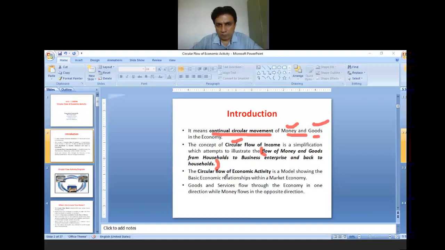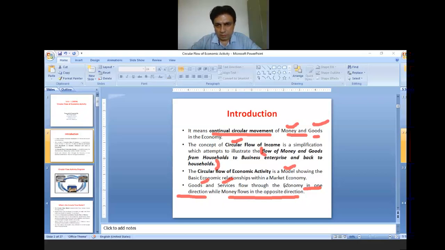So the circular flow of economic activity is a model showing the basic economic relationship within a market economy. So goods and services flow through the economy in one direction while money flows in the opposite direction. So let us discuss this concept in detail in the next slides.